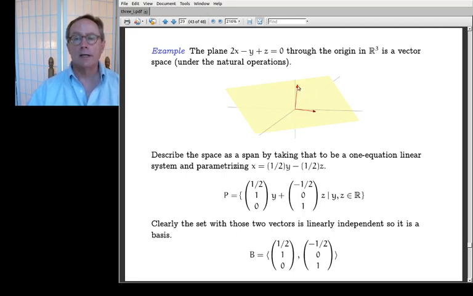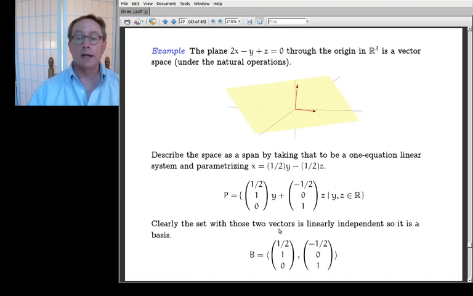This is (-1/2, 0, 1). Can you see that it's a little bit back? It lies in the xz plane, and that's a height of 1. And so this must be (1/2, 1, 0). So this lies in the xy plane, and it's x equals 1/2, y equals 1. You can see why I got the computer to draw these things for me. I'm totally incompetent at it.